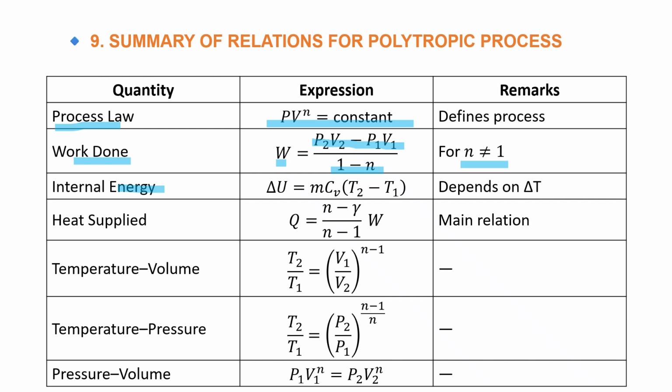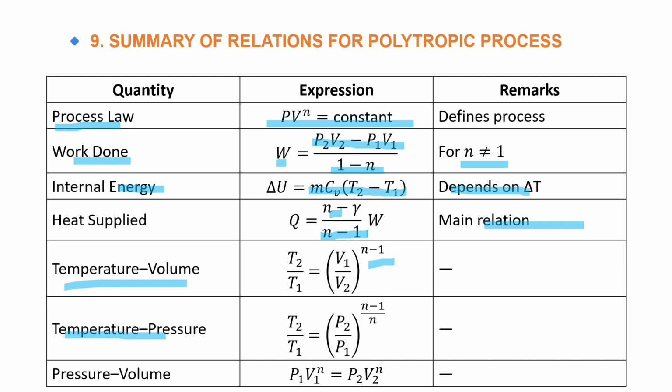Internal energy delta U is mCv(T2 minus T1), it depends upon delta T. Heat supplied Q equals ((n minus gamma) divided by (n minus 1)) into W, that is the main relation. The relationship between temperature and volume is T2/T1 equals (V1/V2)^(n-1).